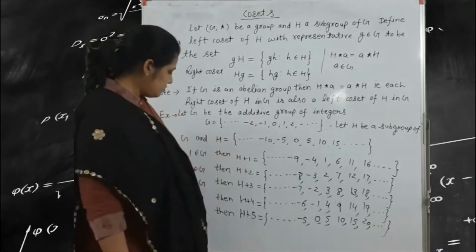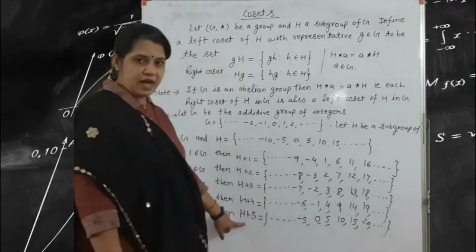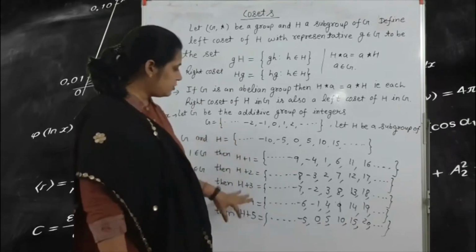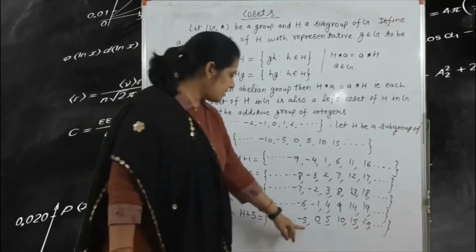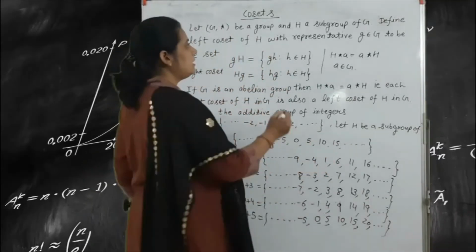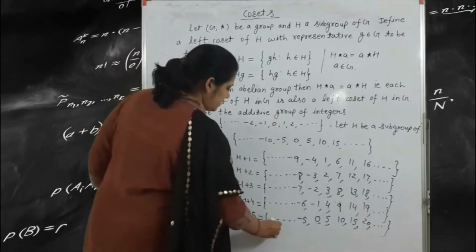Next, see here according to your H plus 5. Look carefully, your H and H plus 5 both are equal: minus 5, 0, 5, 10, 15, 20. That means H is equal to H plus 5.